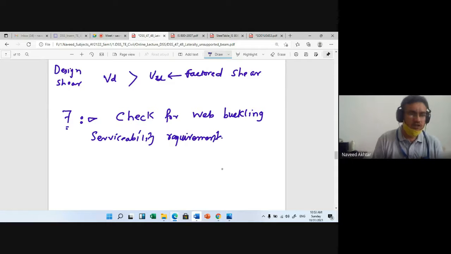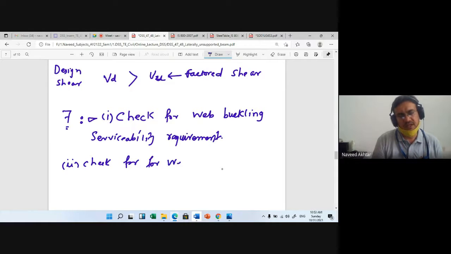In that, first is check for web buckling, check for web crippling, and also you can check for deflection.